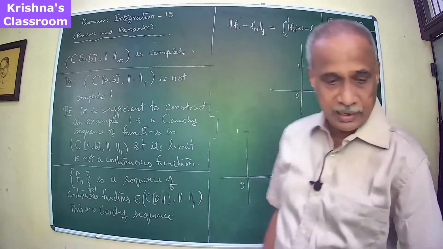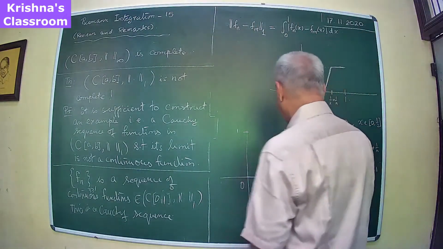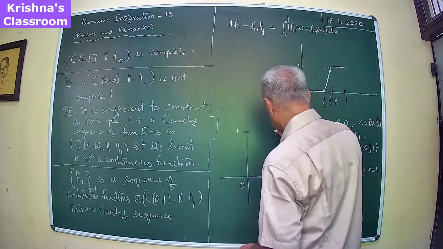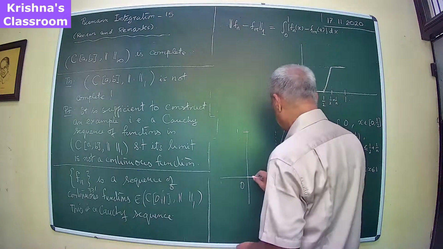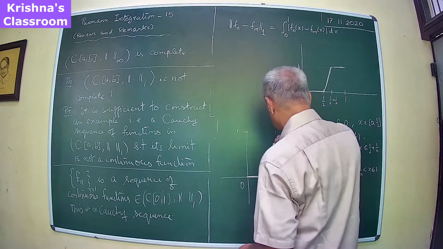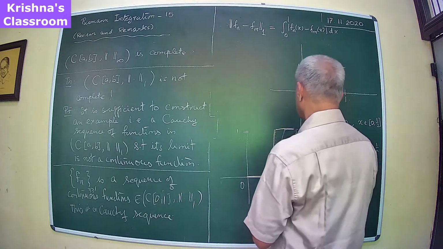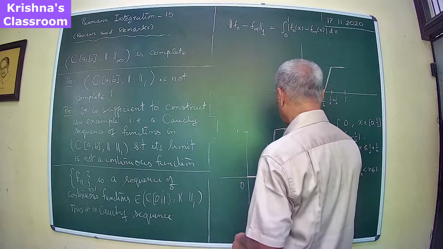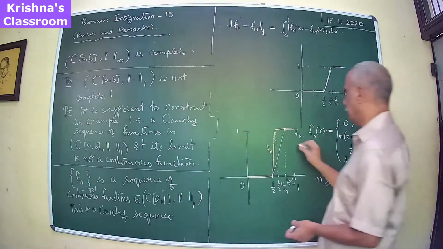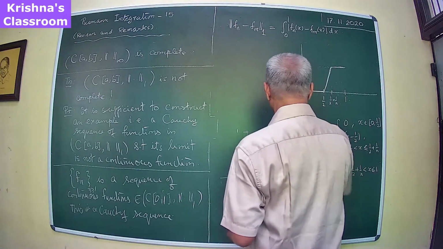Now let me draw the function f_m. What is f_m? f_m is essentially this thing. You are taking m greater than n. This is your f_m.